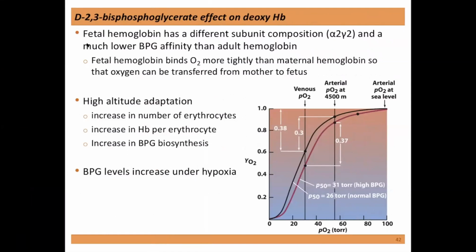Okay, so we're going to bring BPG and fetal hemoglobin and higher affinity together. So fetal hemoglobin actually has a different subunit composition. It's got 2 alpha subunits and then what are referred to as gamma subunits. And it actually has a much lower affinity for BPG than adult hemoglobin. But fetal hemoglobin binds O2 more tightly than maternal hemoglobin. And the reason that it binds more tightly is kind of like myoglobin.